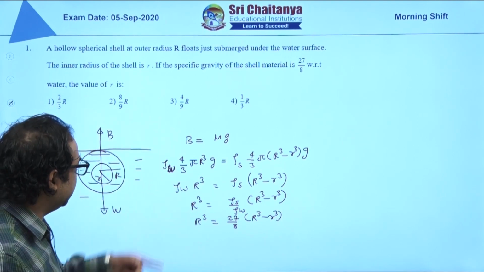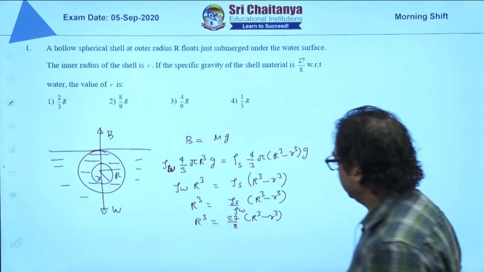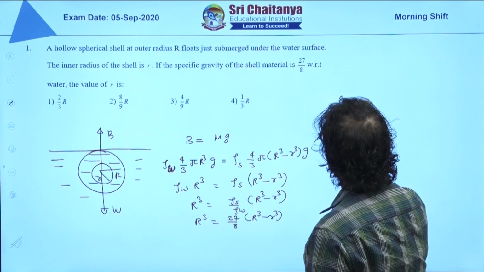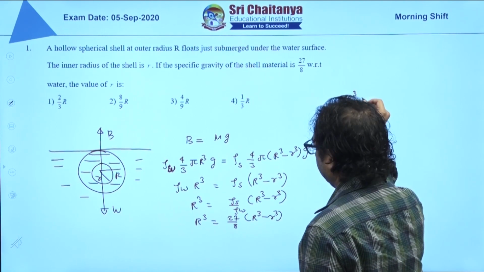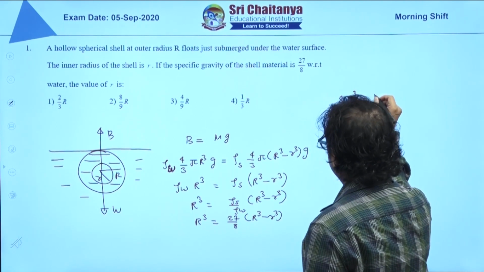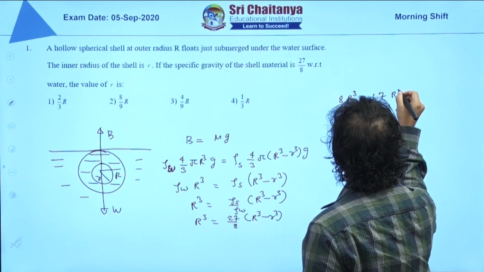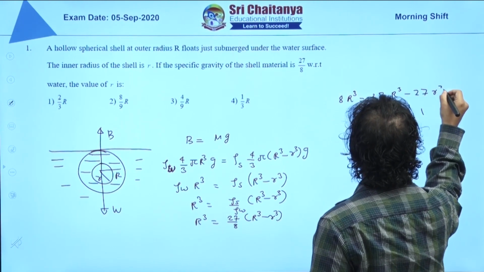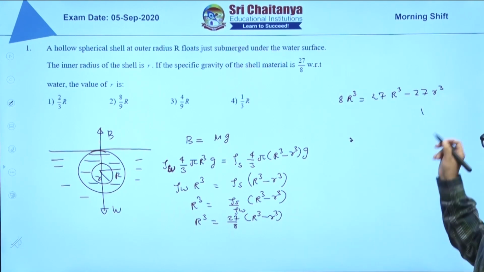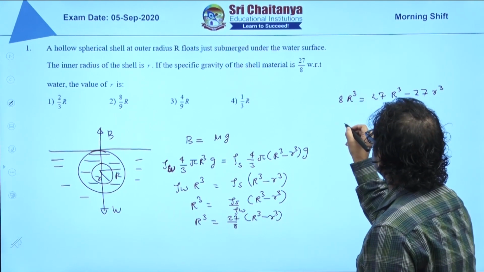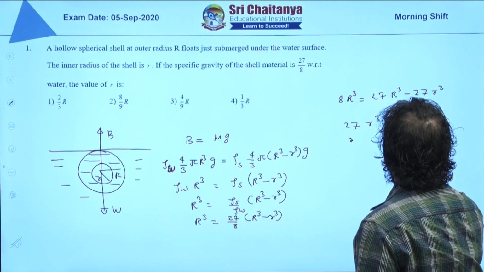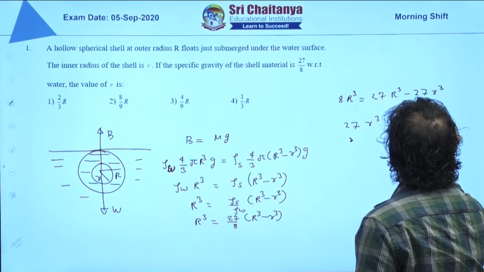By cross multiplication, 8 R cube equals 27 R cube minus 27 small r cube, and you bring this side.